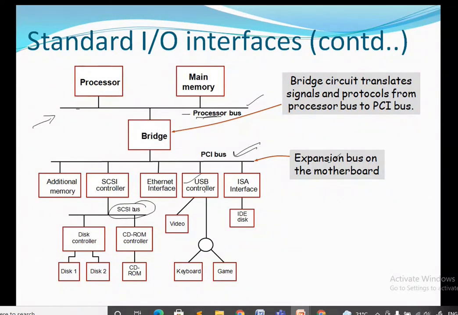No, it is connected to the USB controller, then the PCI bus, and with the help of the PCI bus it is connected to the processor bus. The processor bus is the main bus, connected with the processor and main memory. The remaining devices are all connected with the help of standard IO bus interfaces, that is PCI and SCSI.